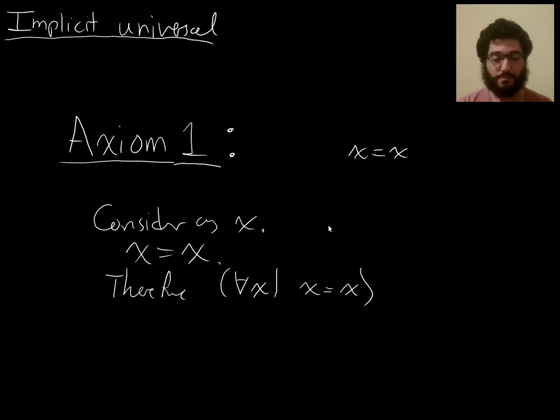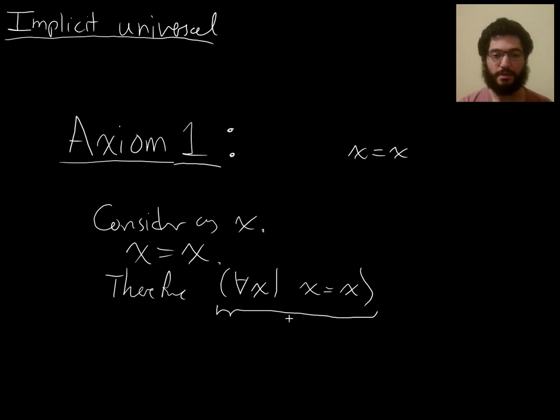And one thing to notice also is once you've got the universal quantifier there, then from this statement, which is deduced from axiom 1, you can use universal instantiation to now apply this to any particular thing.